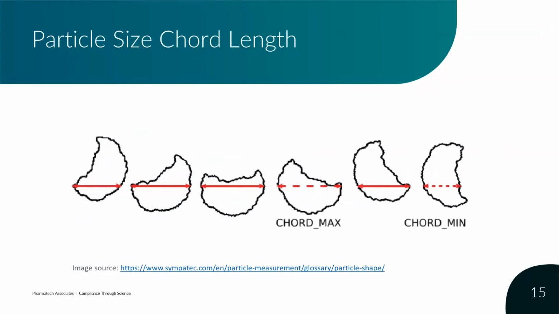And just to go a little bit deeper into particle size, because it can be such a critical part of your finished product, and it can affect so many critical quality attributes. Particle size and porosity are of a particular concern if you want to use your process analytical technology data for surrogate dissolution modeling.